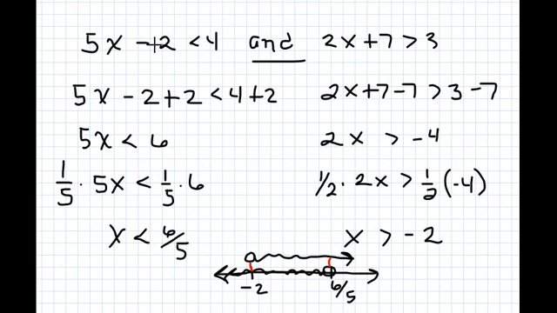It must satisfy both this inequality and this inequality over here. So in a sense, we would say -2 to 6/5. We would write this in interval notation, and notice I use the parentheses here because we don't include it. So this would be the solution set that would satisfy both inequalities.